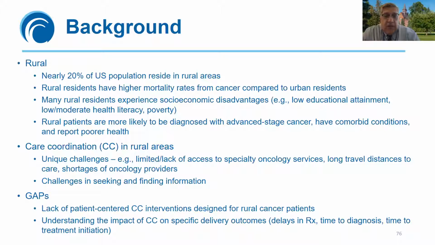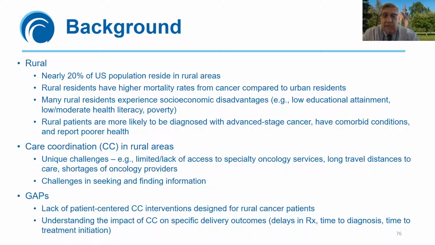I think all of you know this, that rural residents have higher mortality rates from cancer than urban residents, and there are lots of socioeconomic disadvantages as well. And there are unique challenges for care coordination, including limited access to specialty oncology services, long travel distances, also challenges in seeking and finding information.